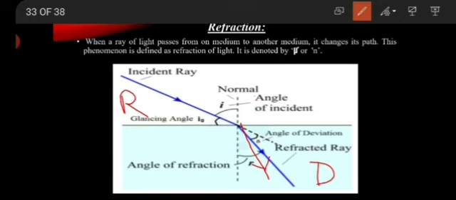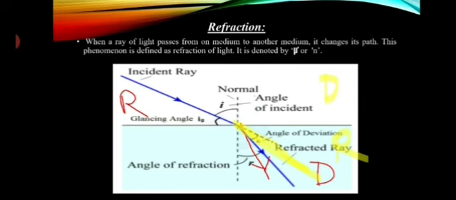Whereas in the second case, if we consider this as the denser medium and this is the rarer medium, the ray of light appears to diverge away from the normal like this. Okay, so this is all about refraction.